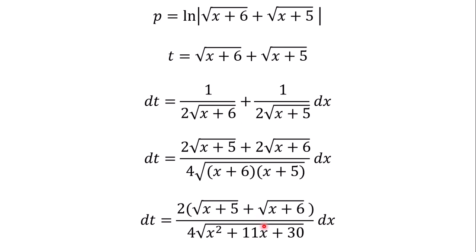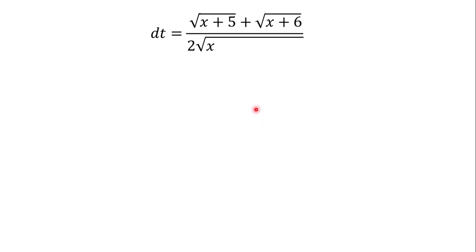and differentiate that one also. Okay, so let's put t there. Good. I hope this is where some of us might get stuck when you are trying your hands on it. p is equal to the natural log of the absolute value of t. How are you going to differentiate that?